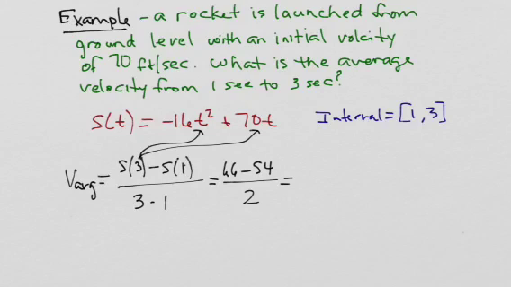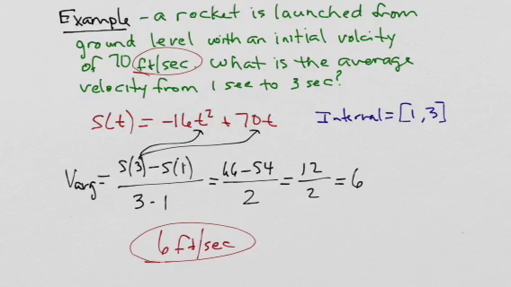All right, now I'm going to subtract those answers. 66 minus 54 is 12. Then I'm going to divide by 2. So there's my numerical answer, but it's a word problem, so it's got to have word answers. So the final answer then would be 6, and then the unit of measurement we were using for our speed would be feet per second.